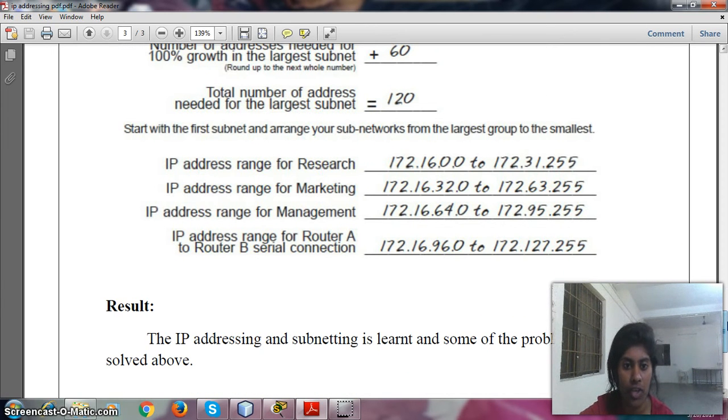The IP address range for the research is 172.16 to 255, and here 32 to 255, and for management is 64.0 to 255, and for serial connection 96.0 to 255. And through this the IP addressing and subnetting is used to solve the problem.